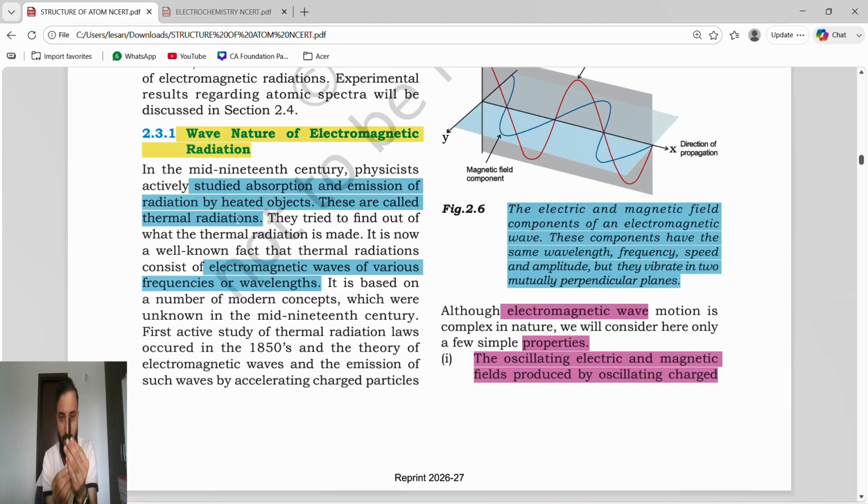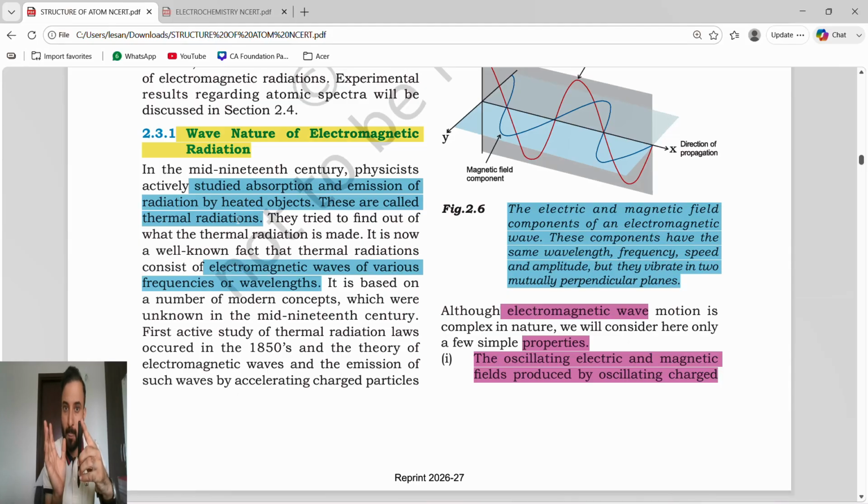When this object starts absorbing the heat, it is called a heated object. Why is it called a heated object? Because I am giving heat to this object, and this object starts absorbing the heat.